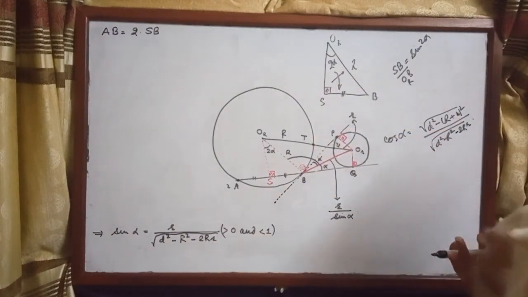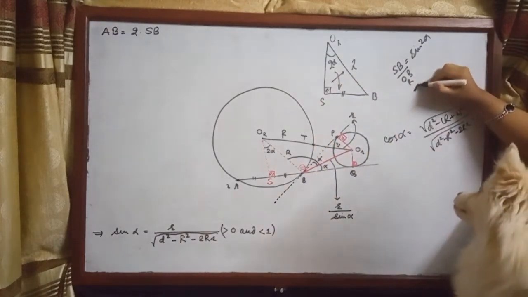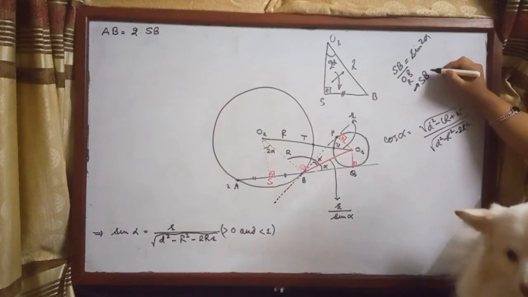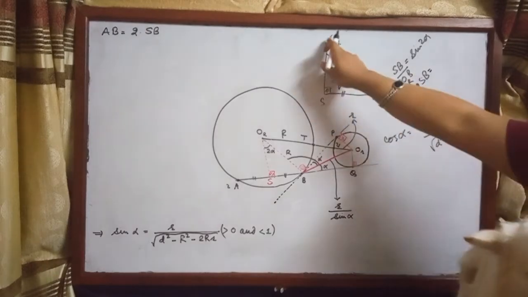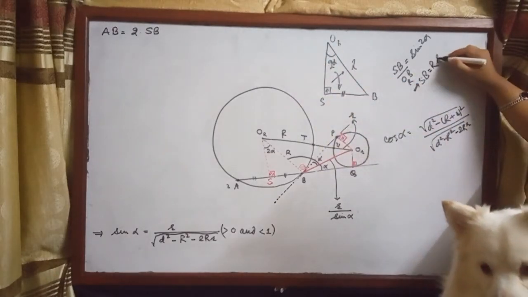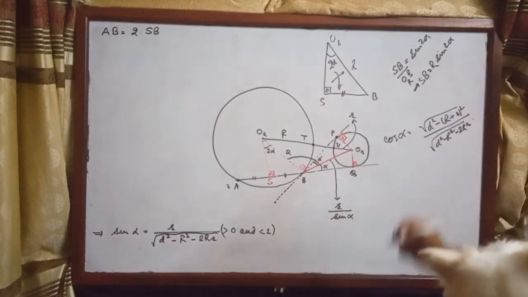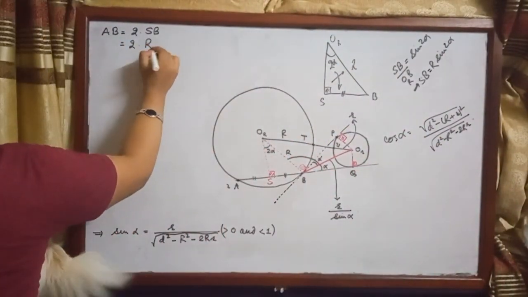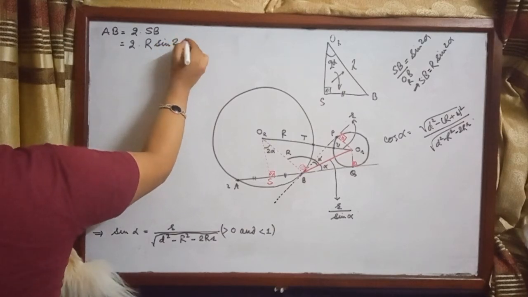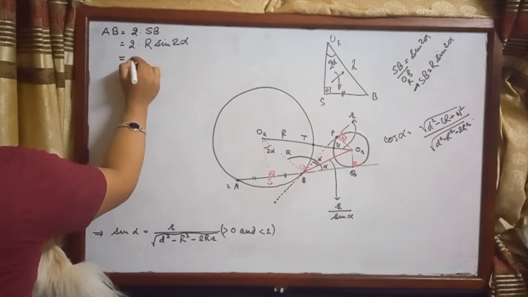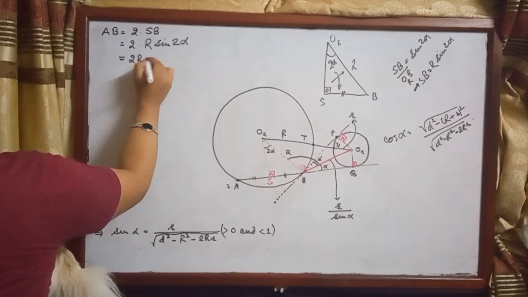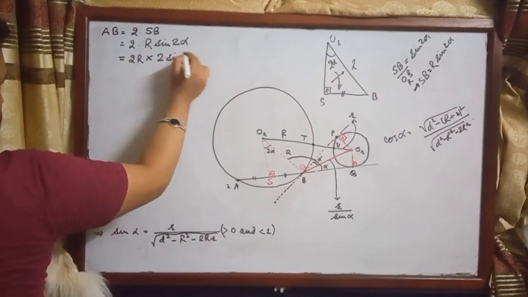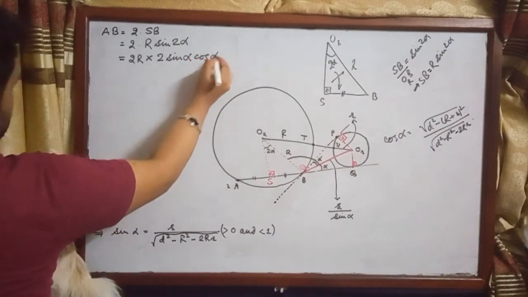Then SB is equal to ORB, which is R. So R sine twice alpha, which is twice R sine twice alpha, which is twice R times 2 sine alpha cos alpha.